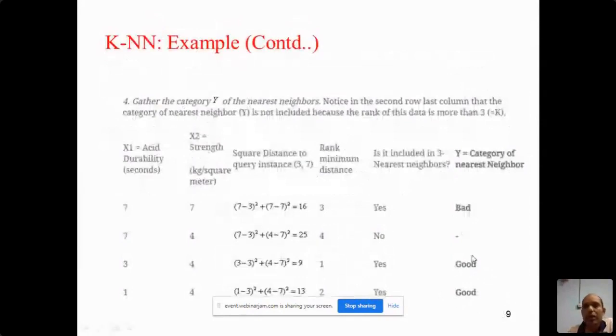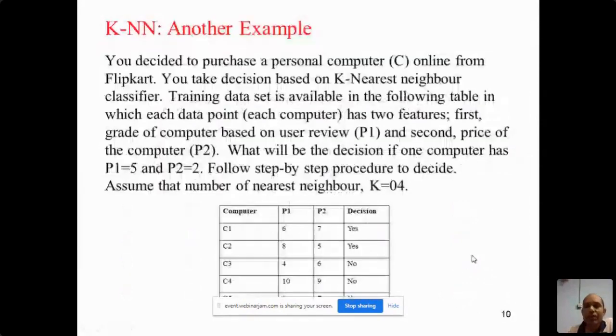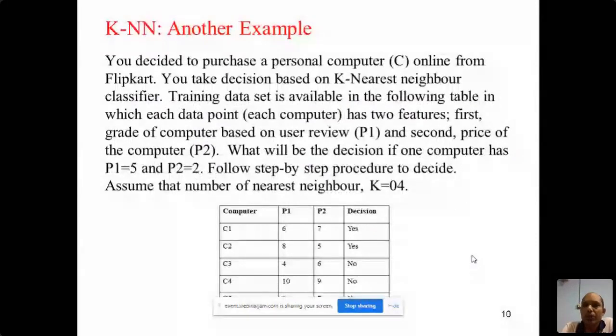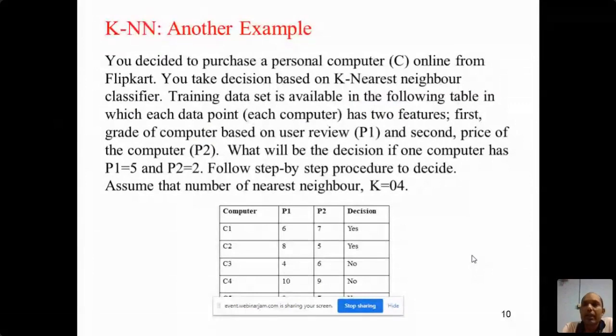In another example, you decide to purchase a personal computer online from Flipkart. Then you take the decision based on the k nearest neighbor classifier. The training data set is available in the following table.